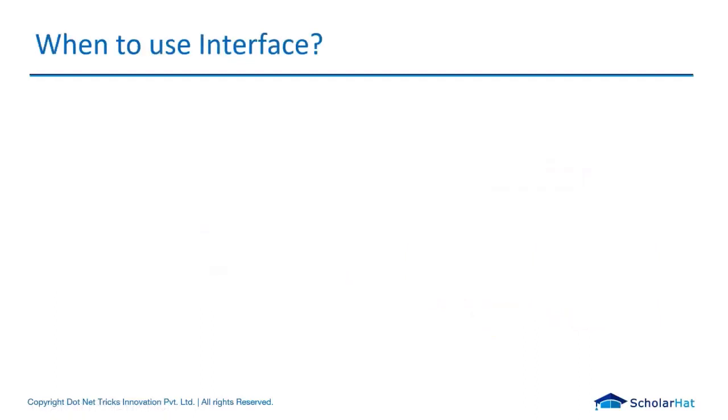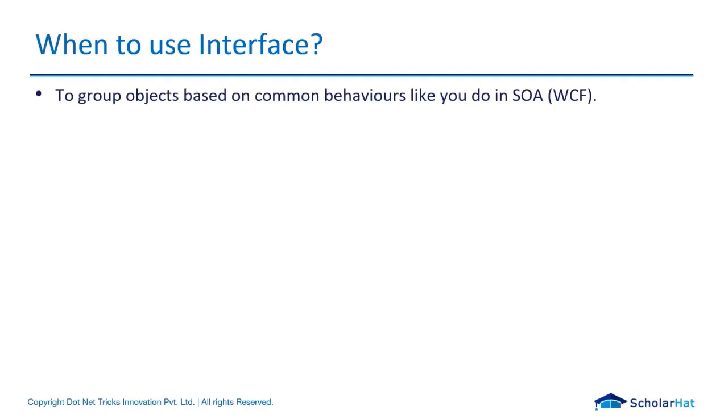When to use an interface and why to use an interface, let me tell you some insights here. To group objects based upon common behaviors, like you do in WCF for web services. As I told you in the banking example also, all the bank accounts will have common behaviors like deposit, withdrawal and balance. So you can write those common behaviors as declarations inside the contract, or the interface, and then implement them in the child classes.